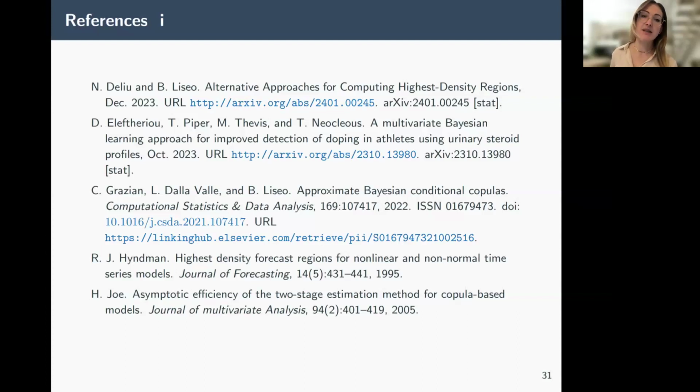But still, since you work on the marginals and then on the copula in the two-stage approach, it is less expensive than what would be required if you had to work on all of them jointly. Yeah, that sounds reasonable. We can finish with a last question from David.